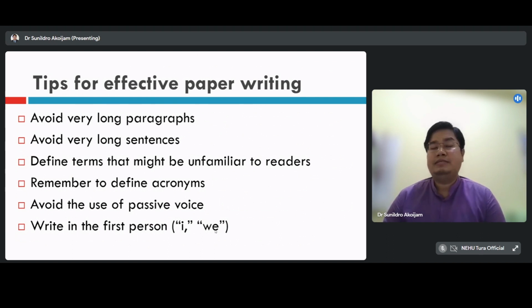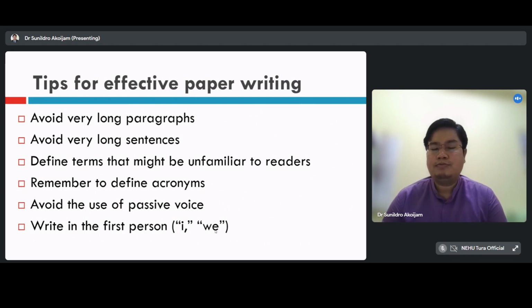Then avoid the use of passive voice. The language, the way you are writing your paper, you should always write in the active voice. Avoid passive voice. And normally write in the first person, either I or we. But I is something we do not prefer in many journals, so better to write we.